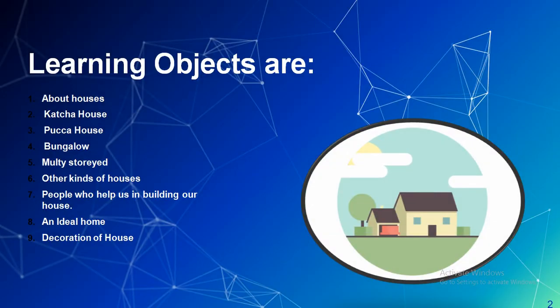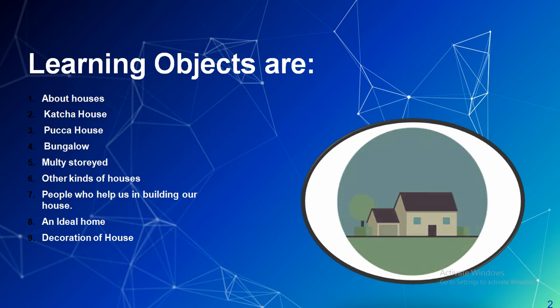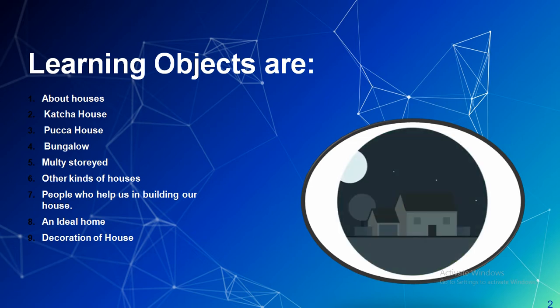Let's see the learning objectives from this lesson. The first thing we will learn is about the house. Why do we need a house, what is the need of a house, and what types of houses are there? All these answers we get from this lesson.